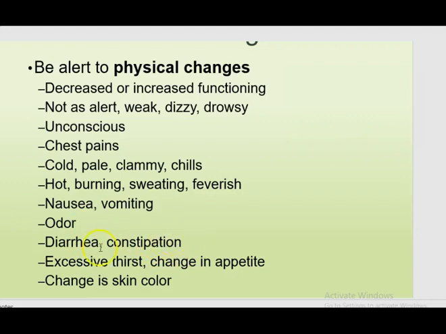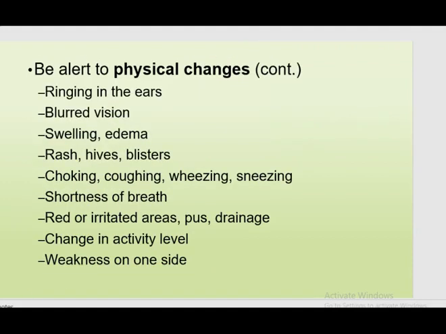If they are constipated or have diarrhea, excessive thirst, a change in appetite, change in skin, a ringing in the ears, blurred vision, swelling, and any kind of rash, hives, blisters, choking, coughing, wheezing, right? We're listening, we're seeing them talk, and we're hearing them. Shortness of breath, red or irritated areas, any kind of pus or drainage, change in activity level, any kind of weakness, especially if it's on one side.